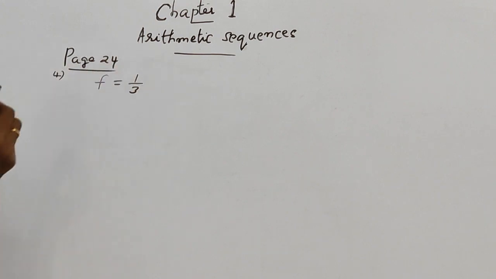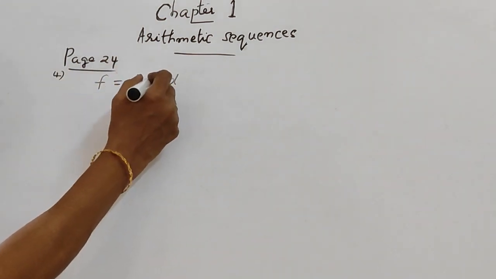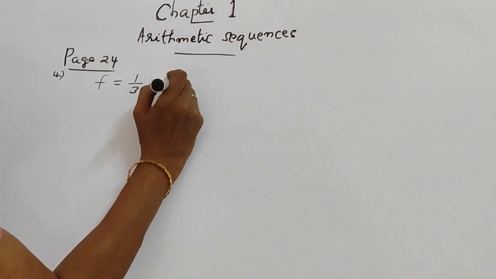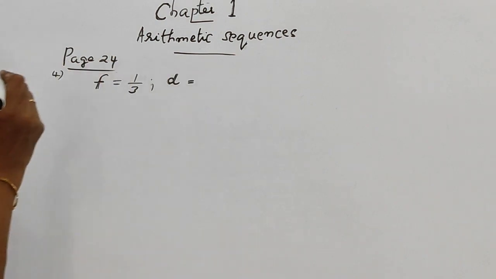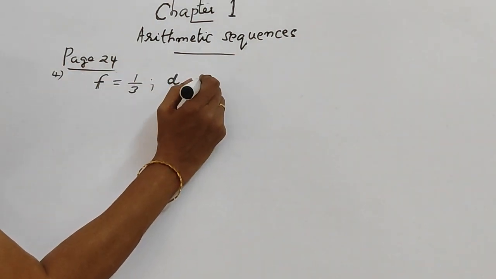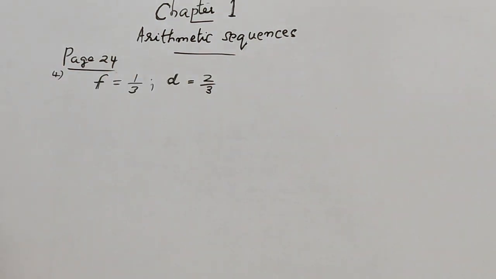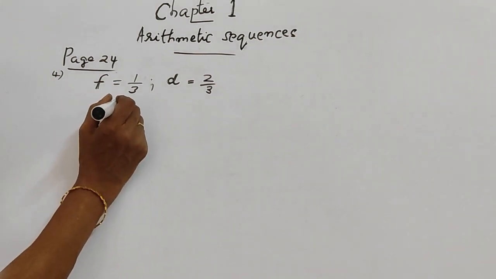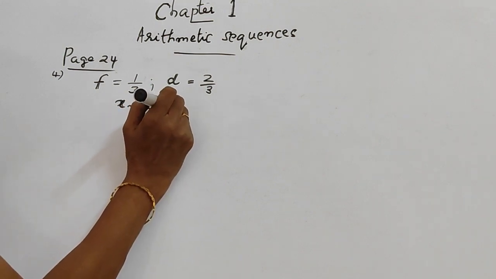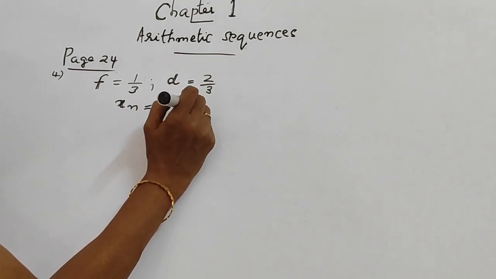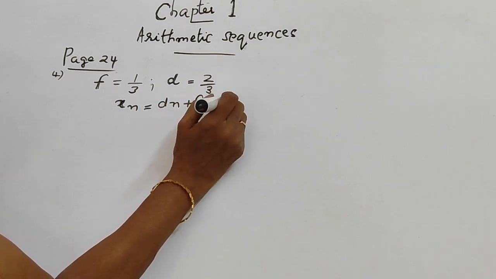First term 1 by 3 and common difference 2 by 3. Now what we have to do? We have to find xn. xn is equal to dn plus f minus d.